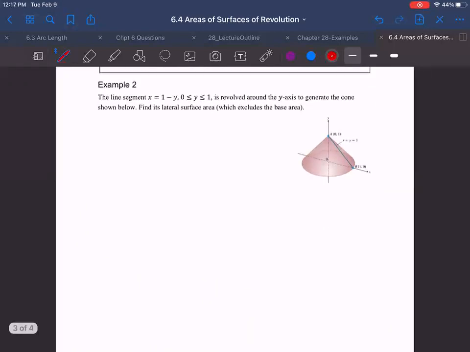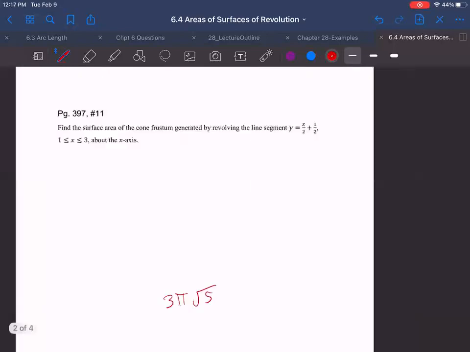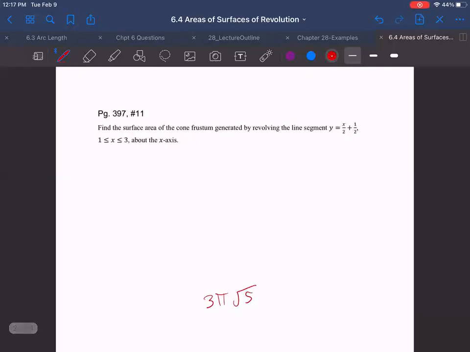This one was pi root 2, if you want to try that one next, if you finish that other one. So there you go.